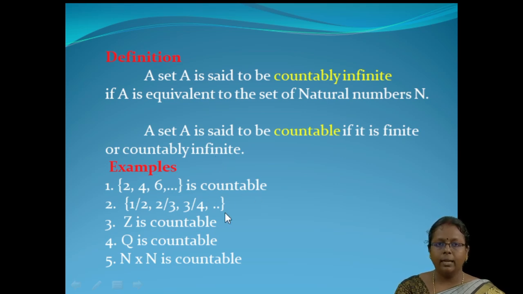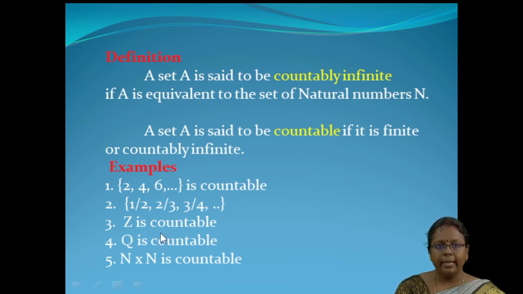Also consider this set, {1/2, 2/3, 3/4, ...}. It is countable since if we define a function f from N to this set by f(n) = n/(n+1), that function is a bijection. Therefore, this set is equivalent to N. Therefore, this set is countable.